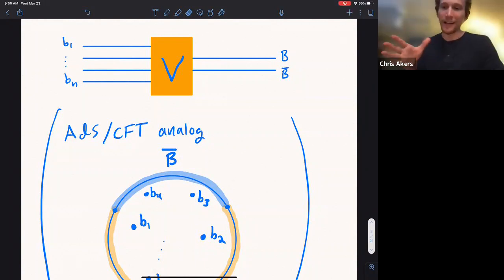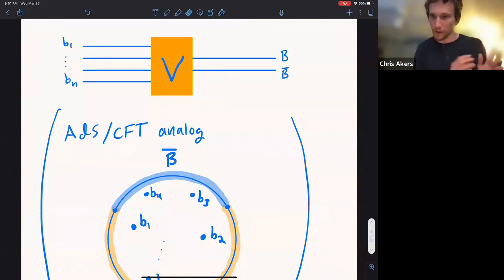Like some of the information, just to be very clear. So some of the information about the semiclassical state is lost in the translation, but I want to give it the interpretation of being unphysical in the first place.